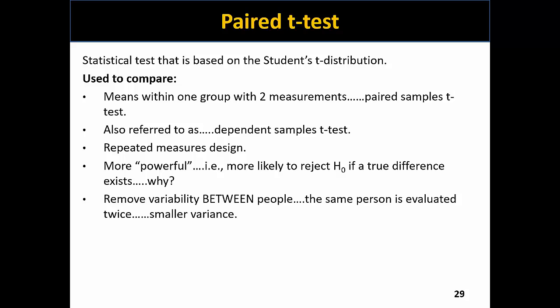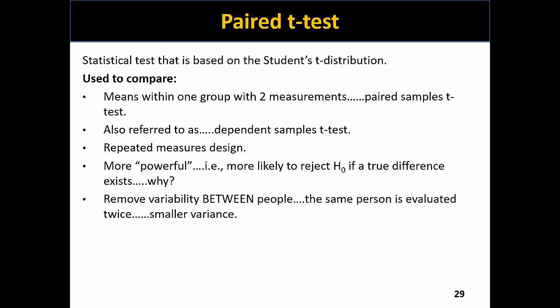The reason is that when we compare people to themselves, the variability that inherently exists between people is removed. By narrowing the variance in the data, because the other factors that differentiate people from each other are removed, we will more likely produce a tighter distribution on the two different sets of scores and less overlap if a true difference actually exists.